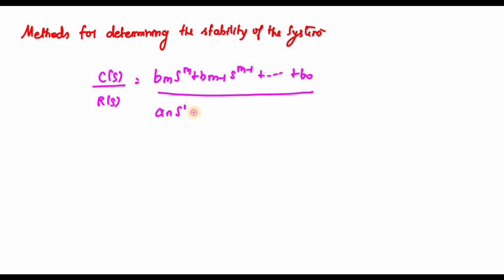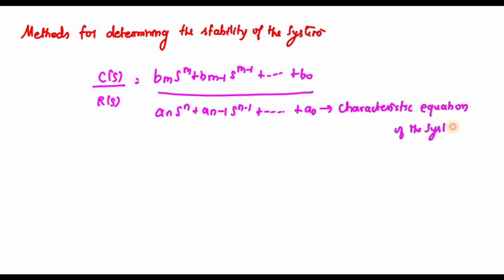The transfer function T(s) is given by C(s) divided by R(s), which is equal to b_m s^m plus b_(m-1) s^(m-1) plus up to b_0, divided by a_n s^n plus a_(n-1) s^(n-1) plus up to a_0.